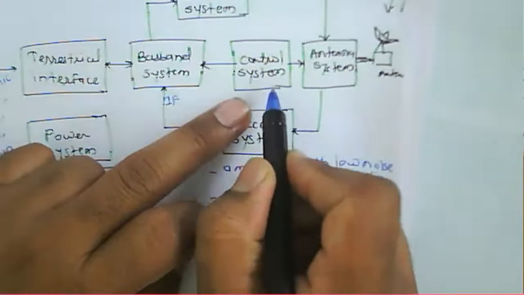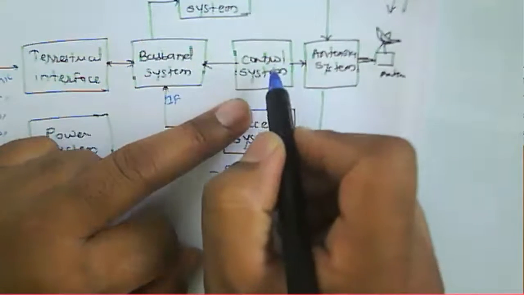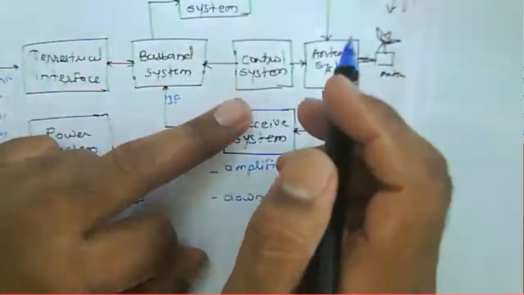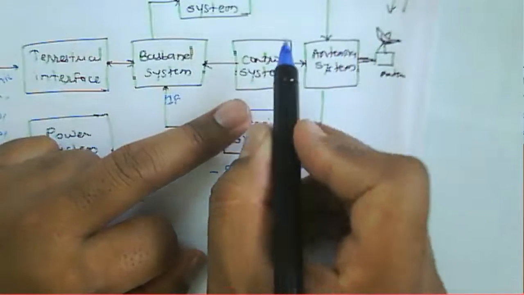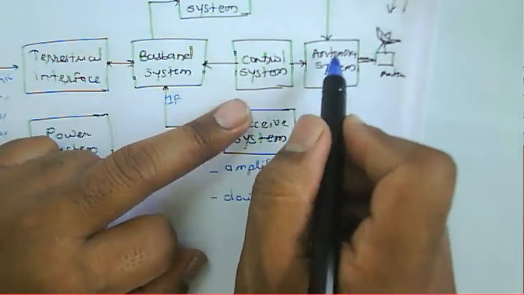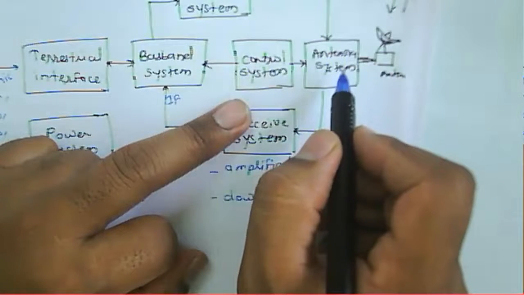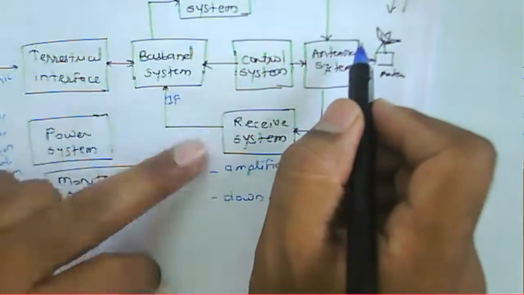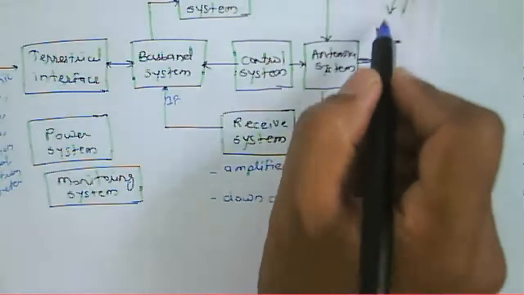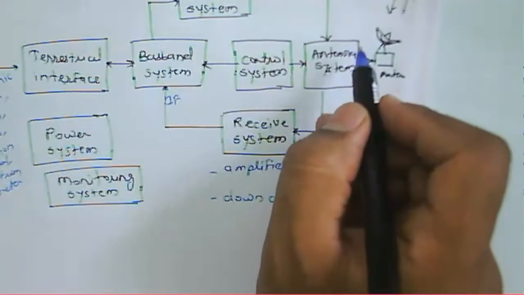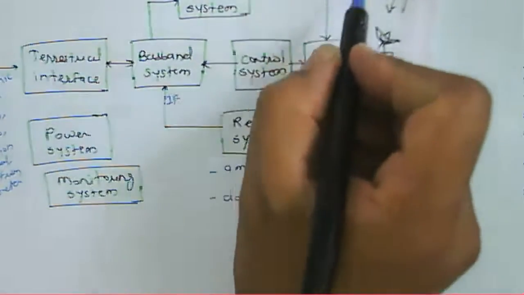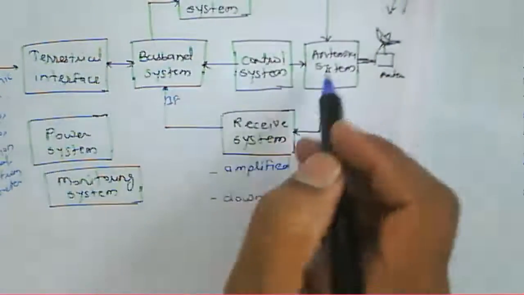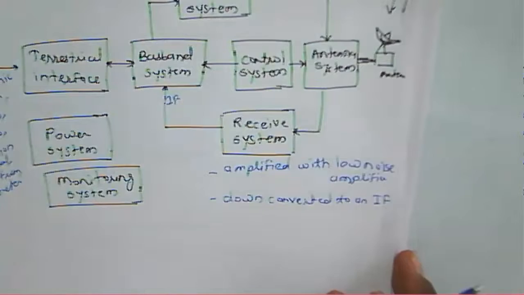Again, the role of this particular control system is to rotate the antenna, because the antenna position has to be fixed toward the satellite, or the antenna has to track the satellite, so that the antenna is aligned to the satellite. If the satellite is aligned with this earth station antenna, then the maximum signal will be transmitted to the satellite, or the maximum signal will be received from the satellite. That is about the role of the control system.